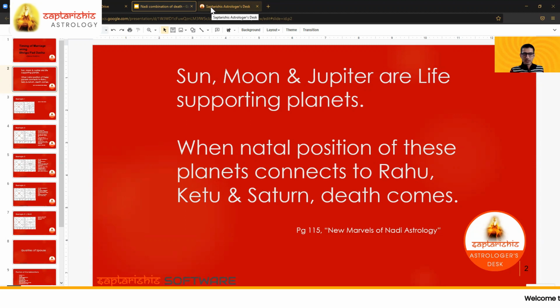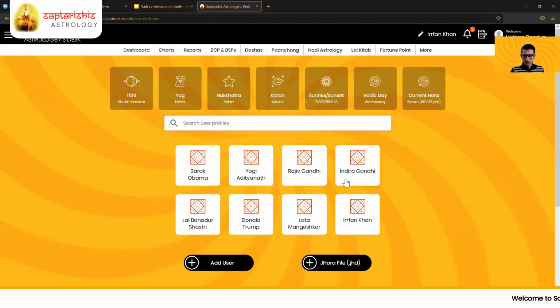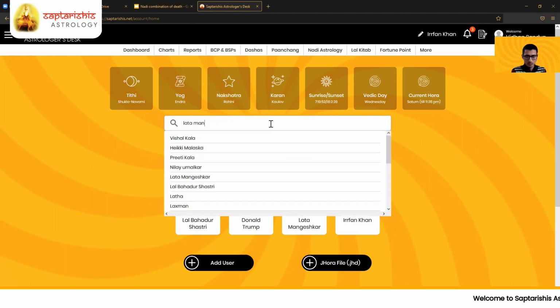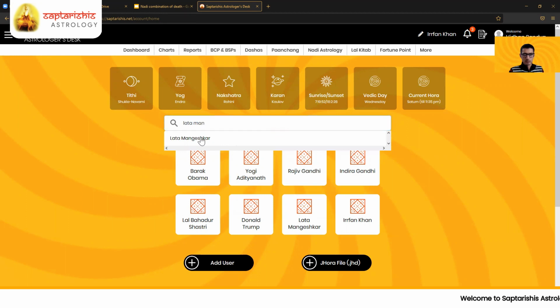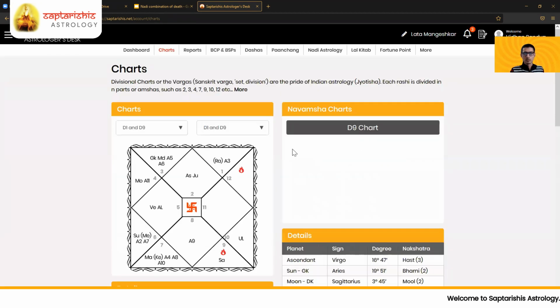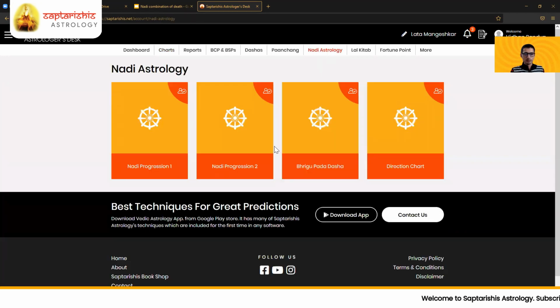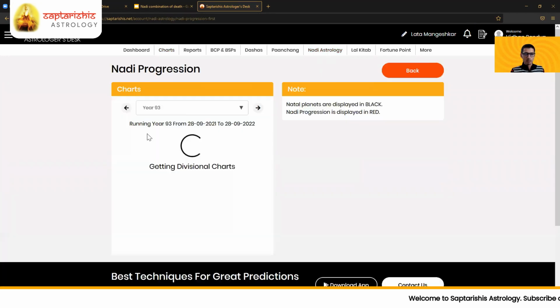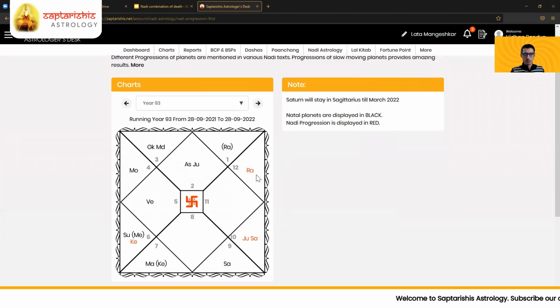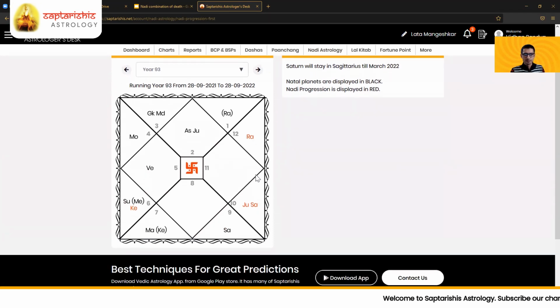With that background, let's look at the example of Shri Lata Mangeshkar ji. If we go into the Nadi Astrology module and look into the Nadi progression 1, what we see here is her natal Sun is in sign Virgo.